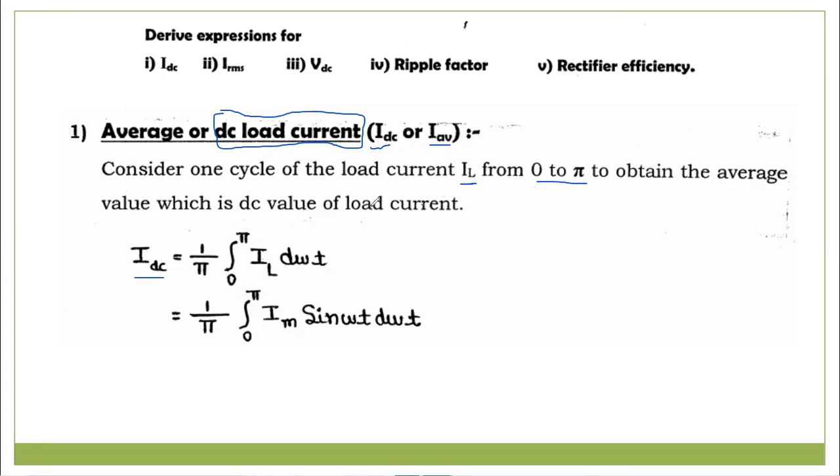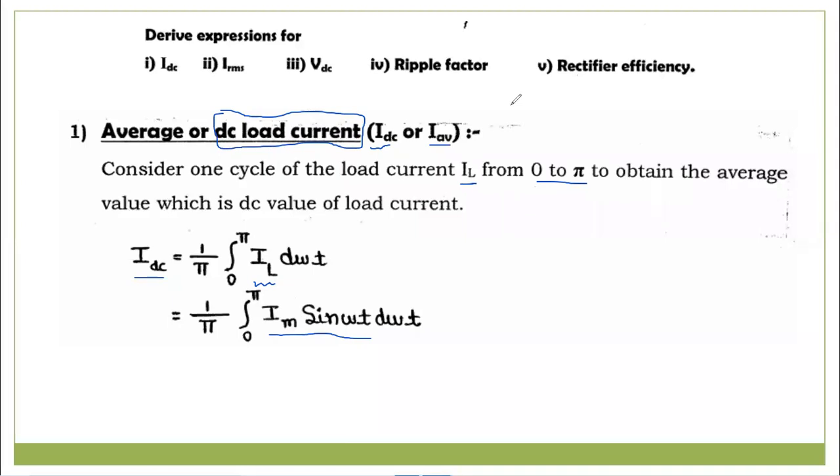In this, what is the value of IL? IL is nothing but the load current. Load current we can represent with Im sin omega t. So replacing the IL value with Im sin omega t, we'll proceed with doing the integration of this term.